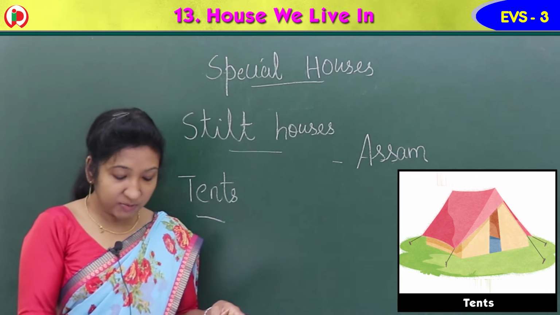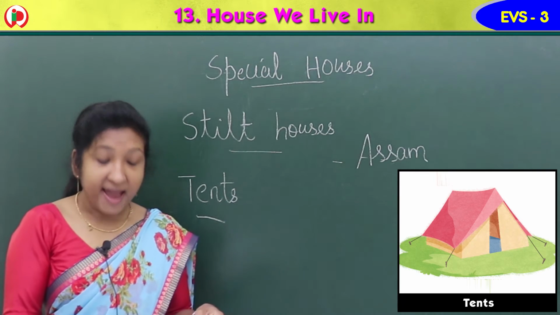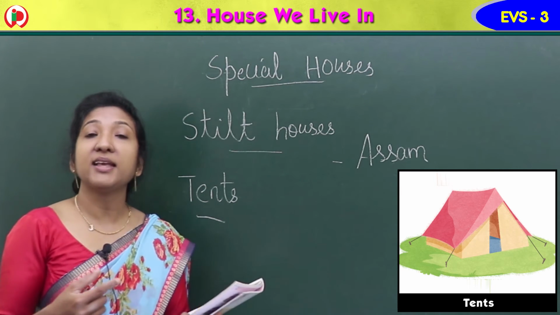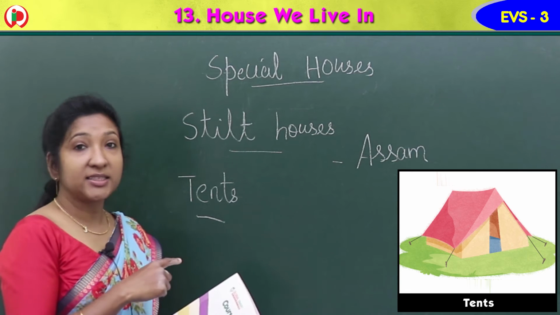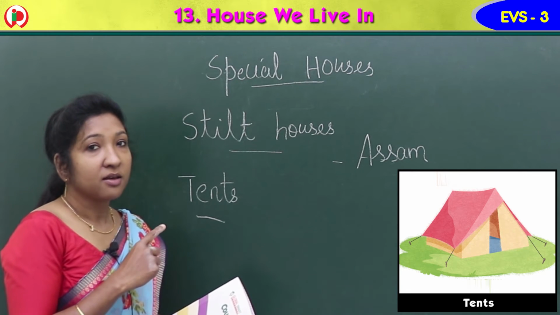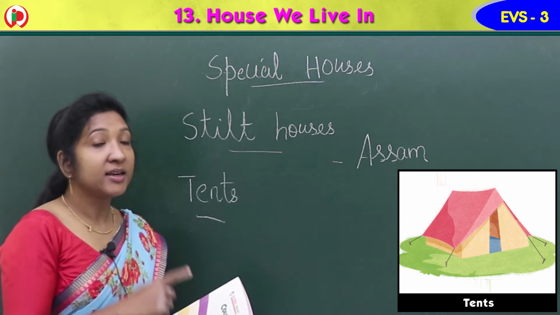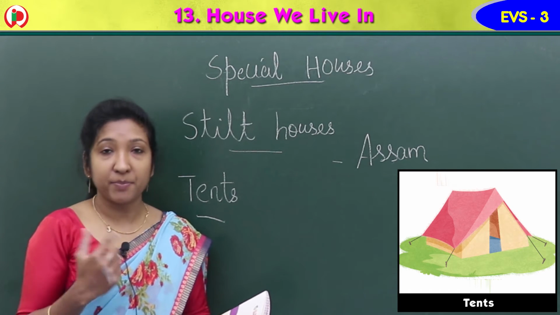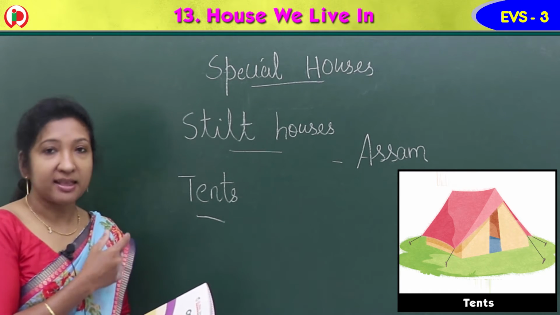They are used by people in mountains and deserts and while camping. People in mountains and deserts use this kind of movable shelter called tents, or people who go for camp, they use tents.